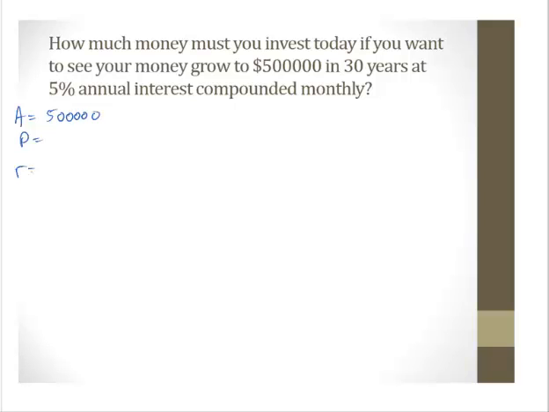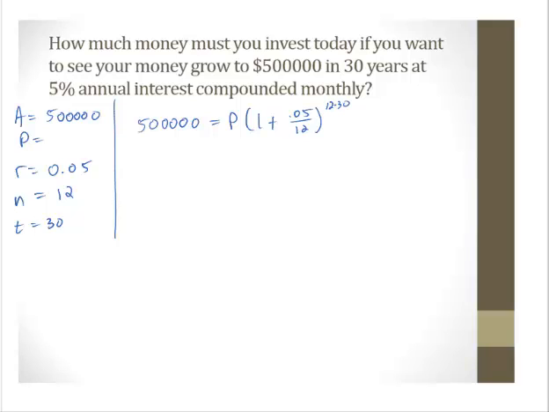The rate is 0.05. The number of compoundings monthly, that means 12. And T is 30. So then we have 500,000 is equal to P times (1 plus 0.05 over 12) to the 12 times 30.